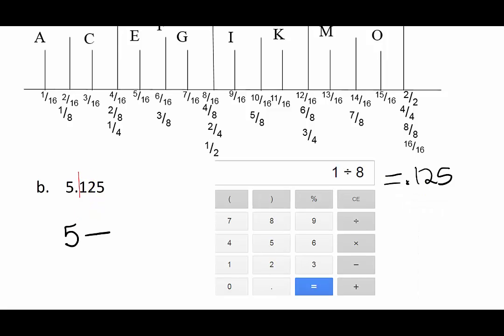We have found the fraction that gives us the decimal 0.125. So we brought the 5 down, we started guessing and checking, we found the fraction, we remember that the decimal is your and. So 5.125 is 5 and 1/8. Now do the rest of the problems on your own.